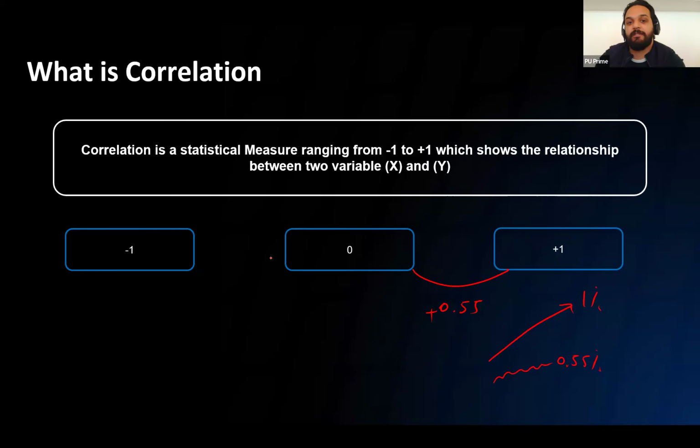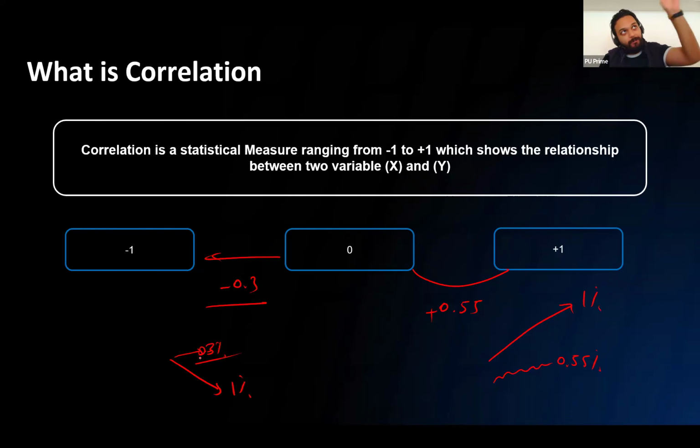Or it might be negative 0.3, not necessarily negative 1. Negative 0.3 means if one currency goes down by 1%, the other is going to increase, but by only 0.3%. It's not necessarily that if this goes up, the other one is going to be exactly the opposite. This is not happening in real life.